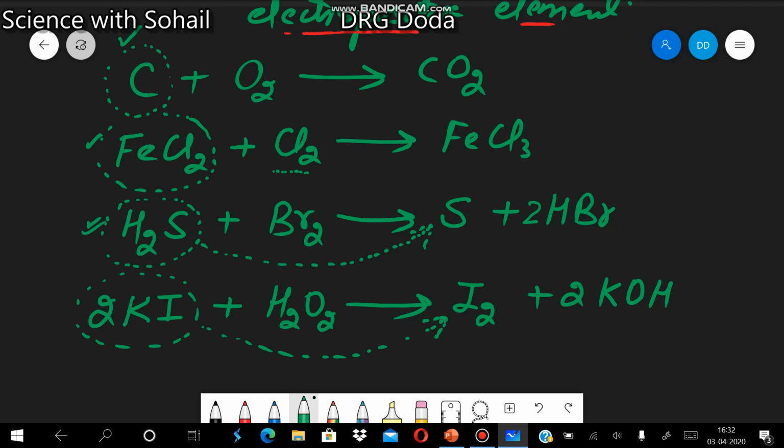So what is happening? From potassium iodide, potassium is being lost or potassium is being removed. So we know that potassium is an electropositive element. So removal of electropositive element is taking place from potassium iodide. Therefore, we can say that potassium iodide undergoes oxidation.